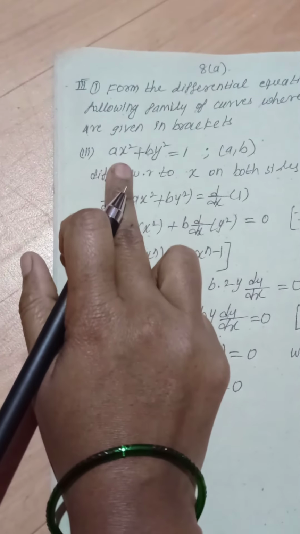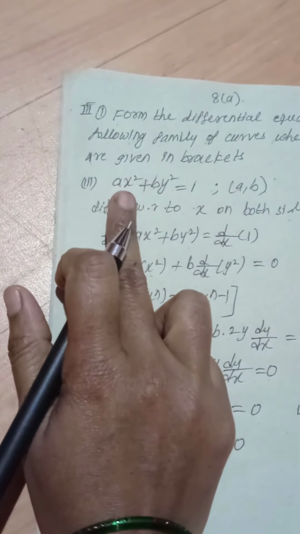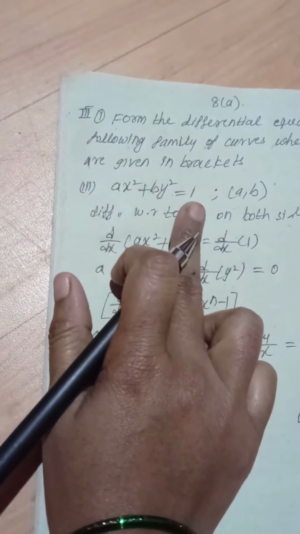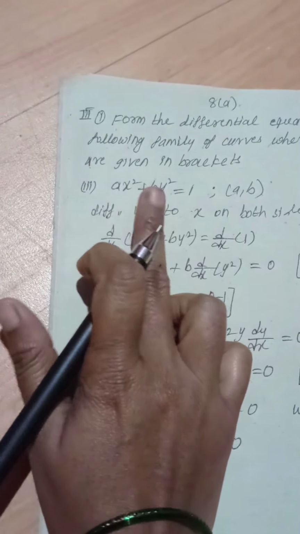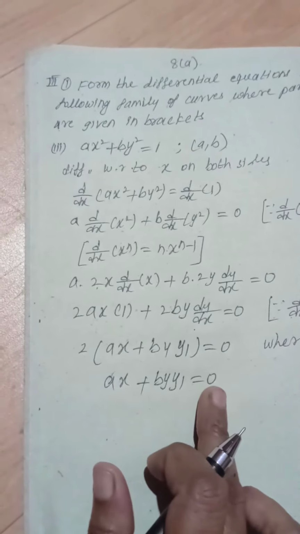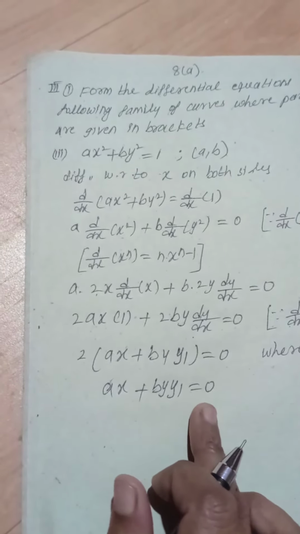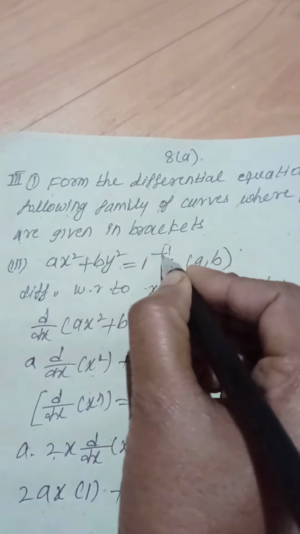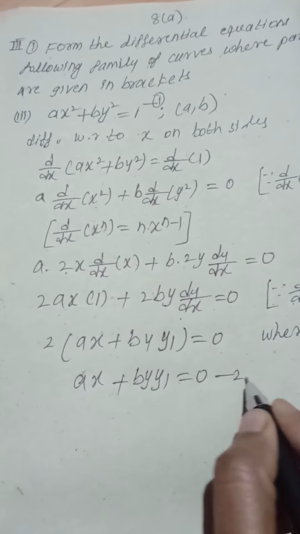We know the given equation is ax square plus by square equal to 1. So from this equation find ax square value. So here is ax, so multiply this equation by x, then we get ax square. So make it equation 1, and this is equation 2.